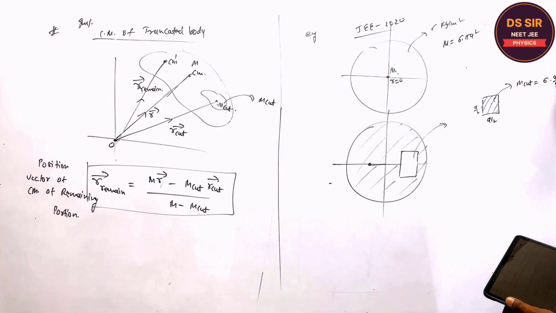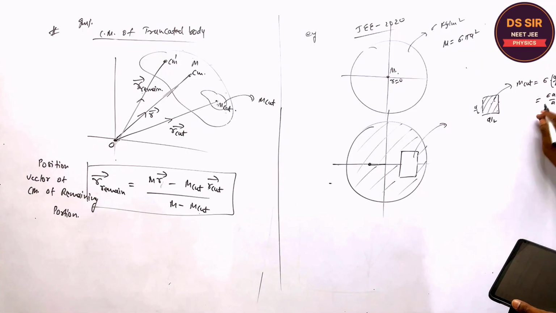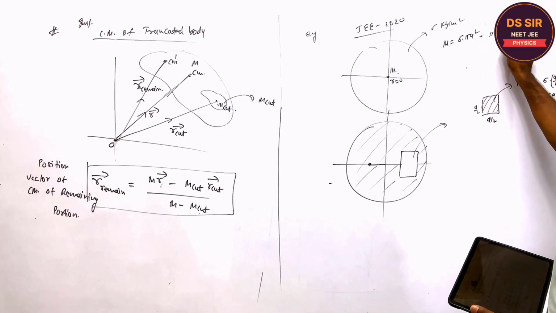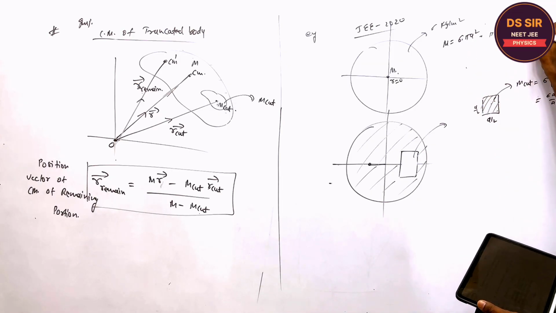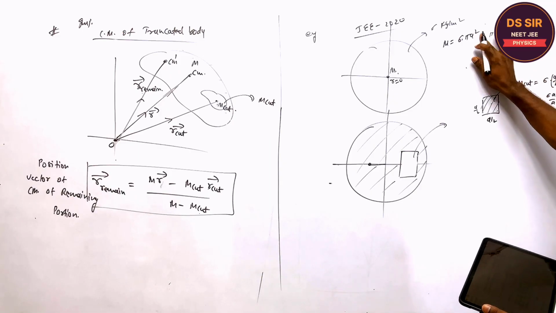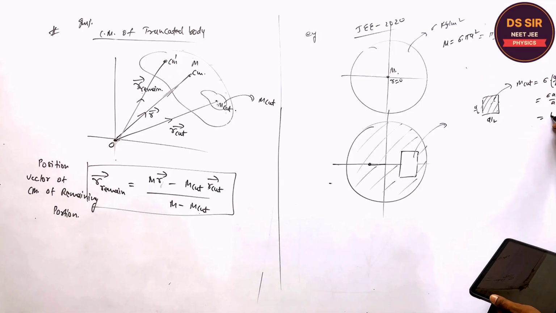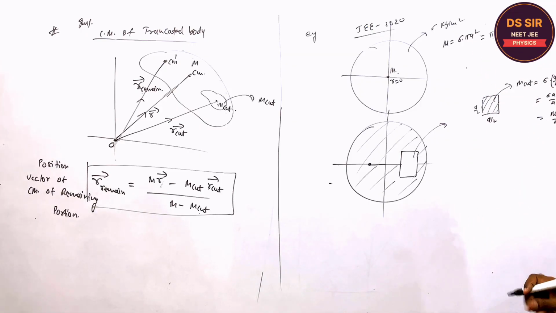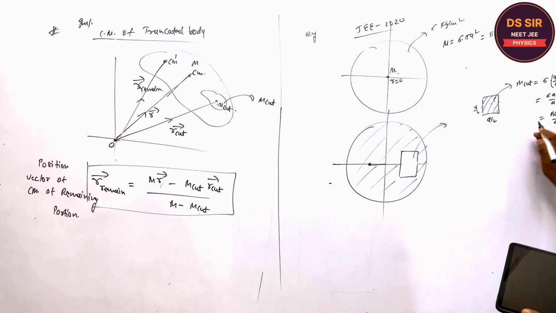This is a by 2 whole square, sigma a square by 4. Is it clear or not? So listen, if I assume sigma a square to be m naught, it becomes m naught by 4. For the calculation, simple. Are you getting how to solve this? So this is the m cut.